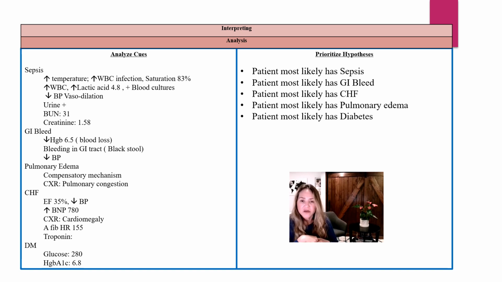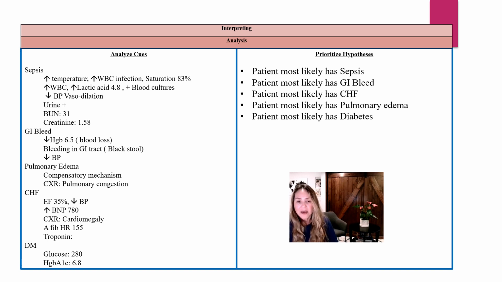Now we're going to try to analyze them, but there are too many of them to figure out what's going on. So the best way is to use what we talked about before, the differential diagnosis, and use our knowledge of the pathophysiology of diseases to put all these labs and abnormals in different categories. Here we chose sepsis, GI bleed, pulmonary edema, CHF, and diabetes to group all our abnormals.